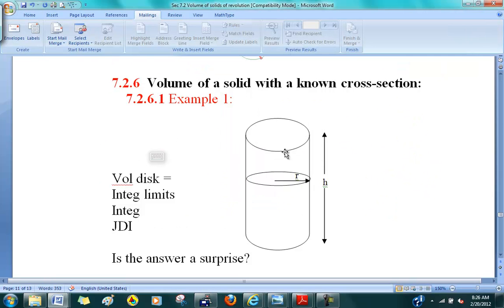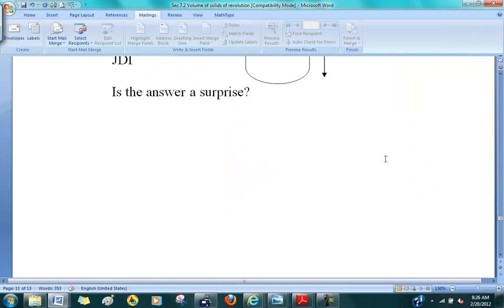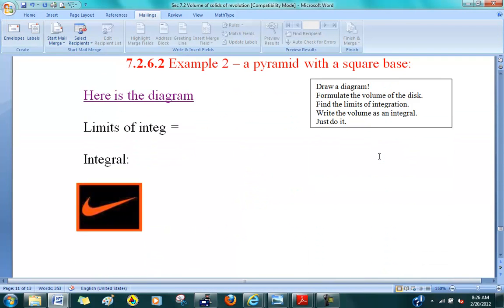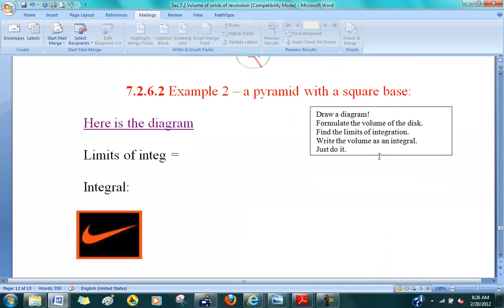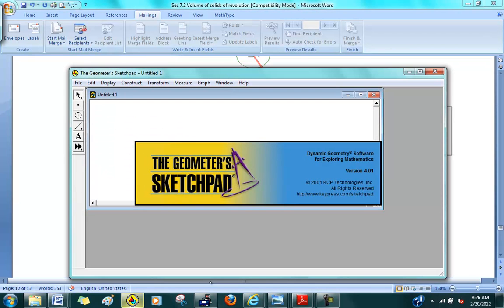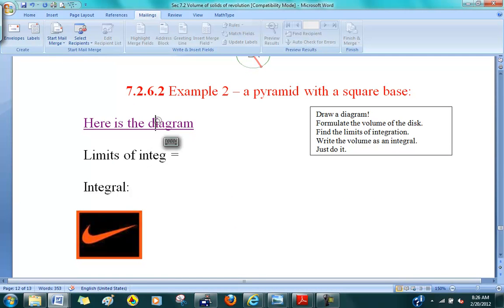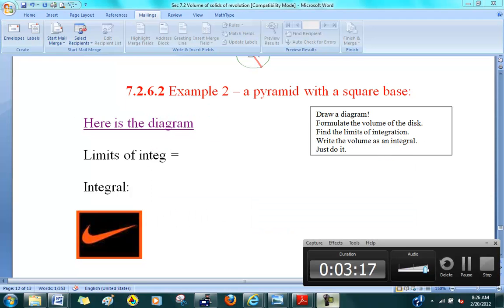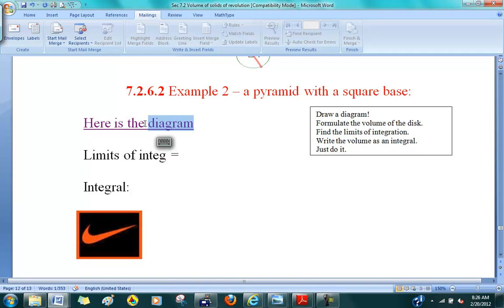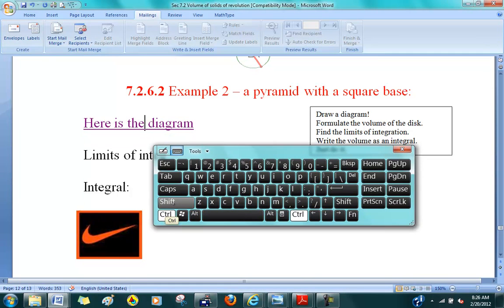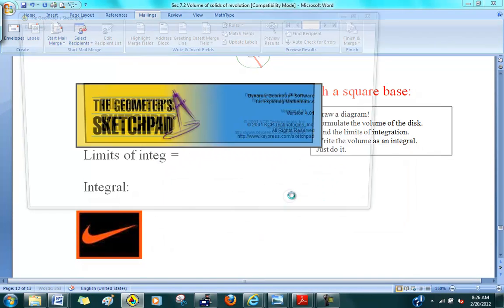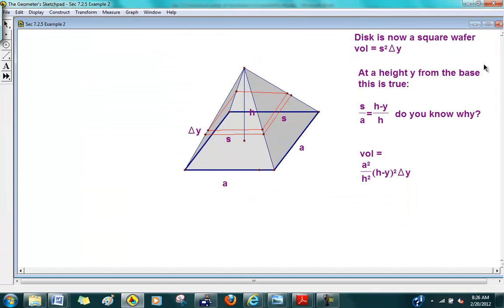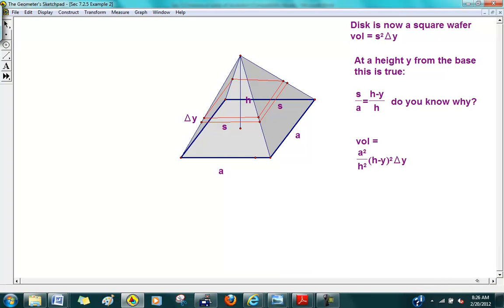The next example I'm going to do is the volume of a pyramid, which you should also know from kindergarten. So here's the diagram. Here's a pyramid of some sort.